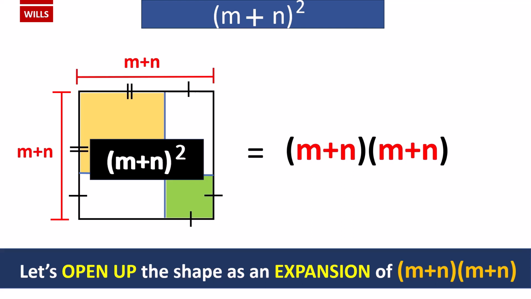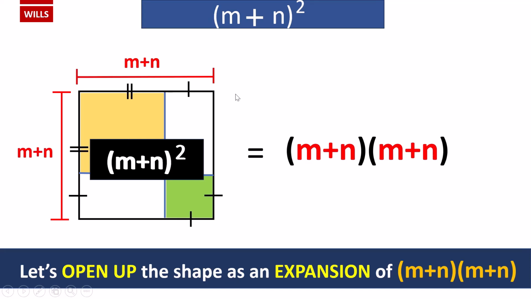And we have seen that it is equal to m plus n times m plus n. So if we are able to expand the shape, which is equal to m plus n times m plus n, then the expansion of the shape should be the same as the expansion of m plus n times m plus n.